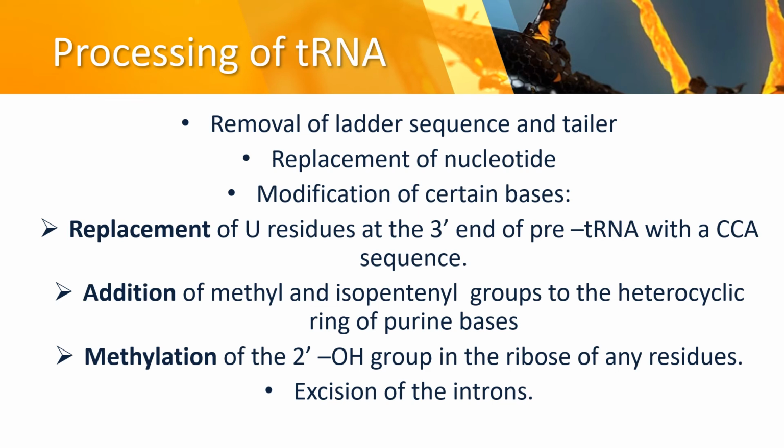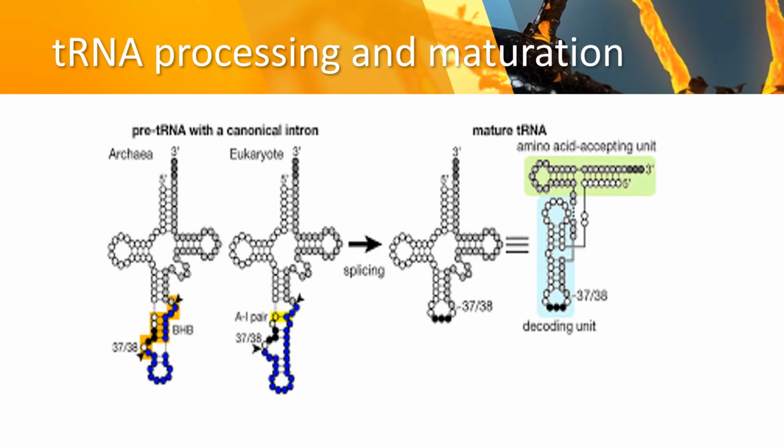We have replacement of U residues at the 3' end of pre-tRNA with a CCA sequence, then the addition of methyl and isopentenyl groups to the heterocyclic rings of purine bases, then the methylation of the 2' OH group in the ribose of any residues, and lastly the excision of the introns. This is the tRNA processing and maturation.